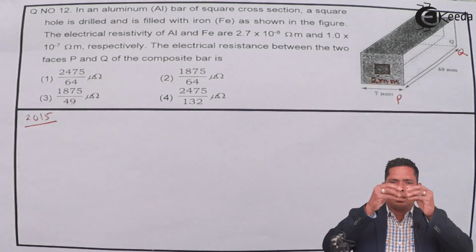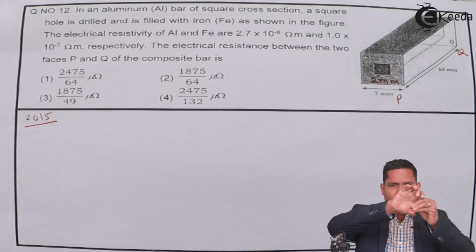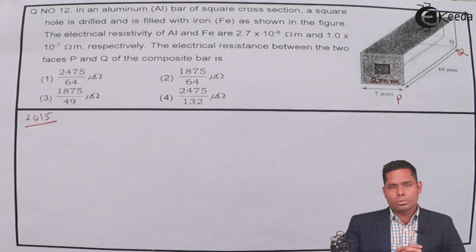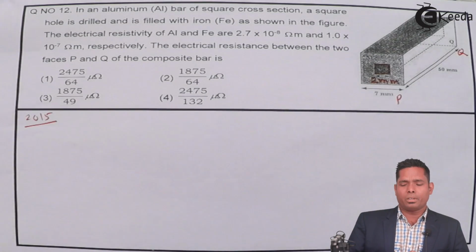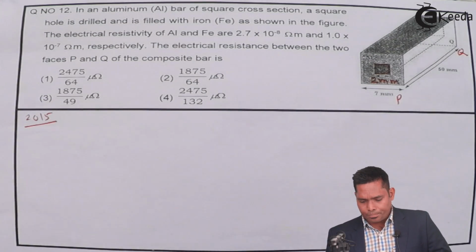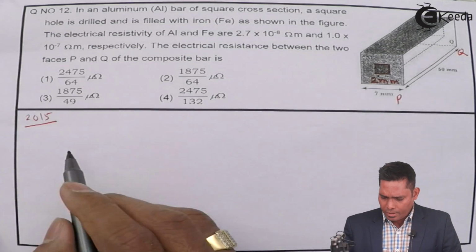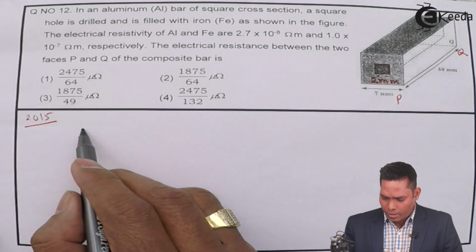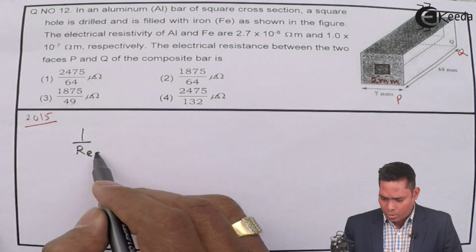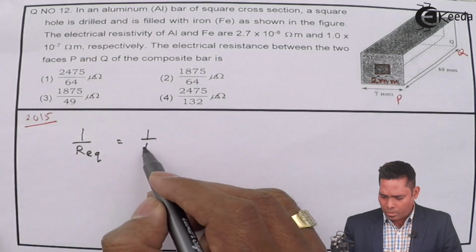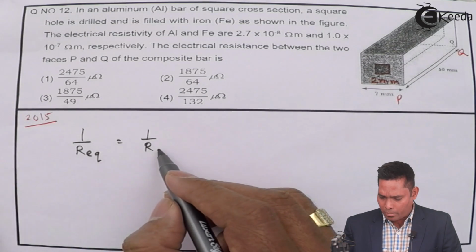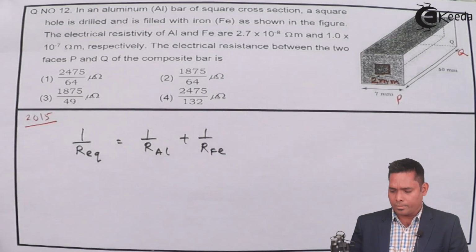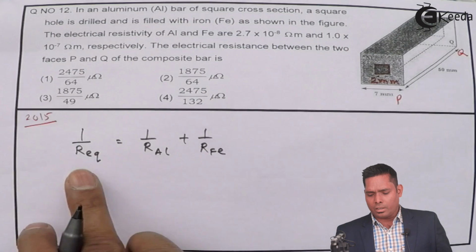So you can just imagine that one bar is like this and another bar is outside it, so these two resistances are in parallel. So we have to go for the parallel combination of resistances. So we'll proceed like this, that the equivalent resistance R equivalent will be 1 upon R aluminium plus 1 upon R iron. This is how you will find the equivalent resistance.